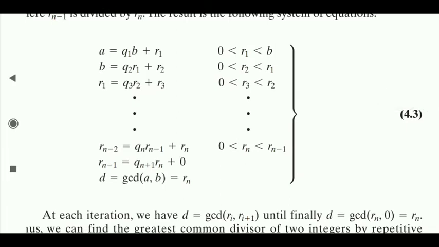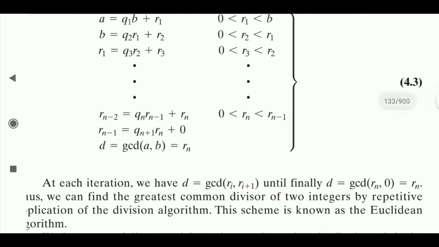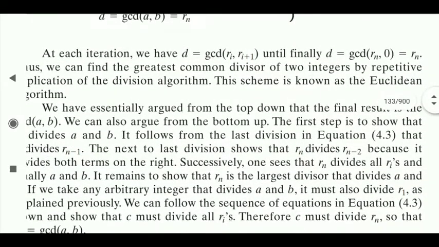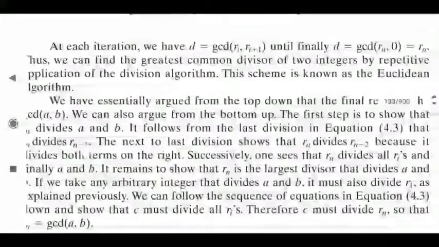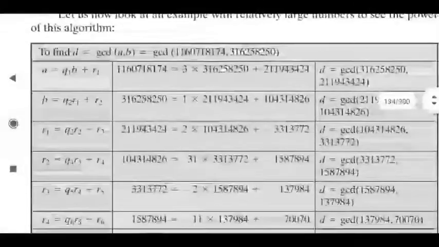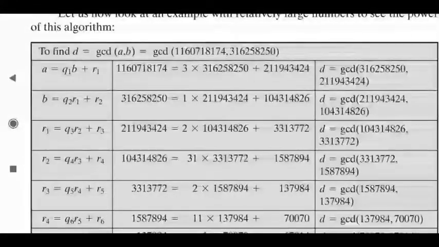Okay, these are the steps of that algorithm, and this scheme is known as the Euclidean algorithm to find the greatest common divisor. This is one example of finding the greatest common divisor of large numbers.